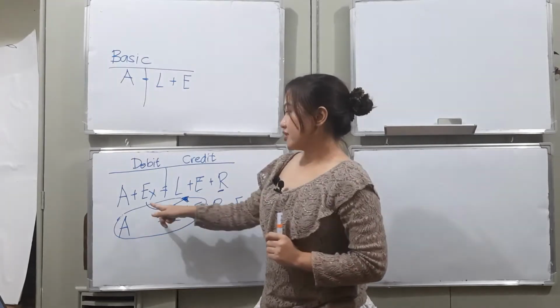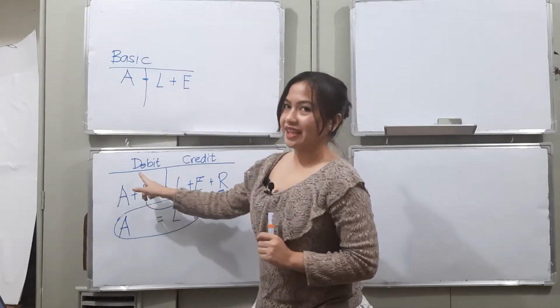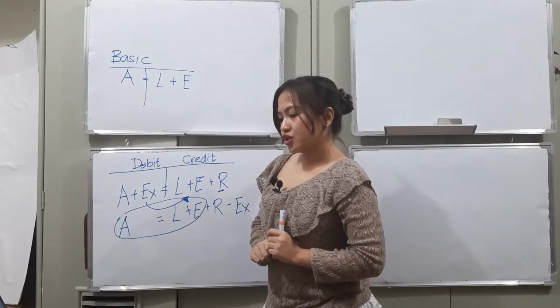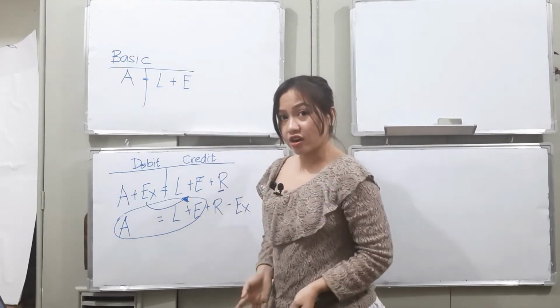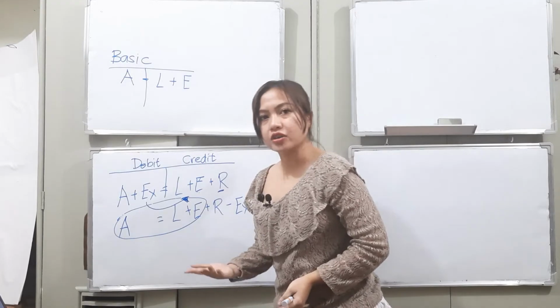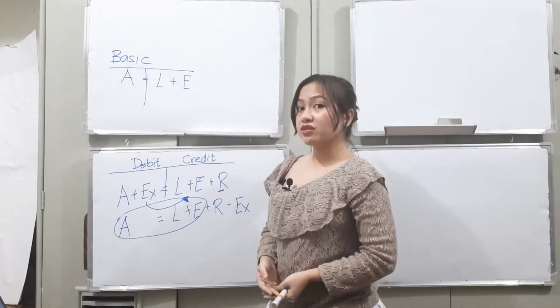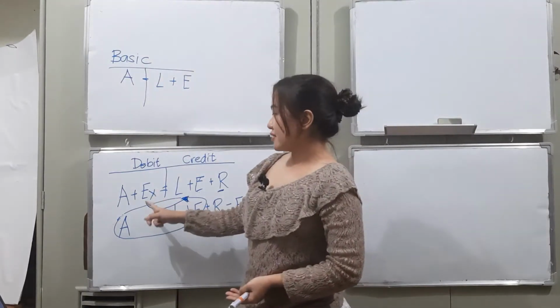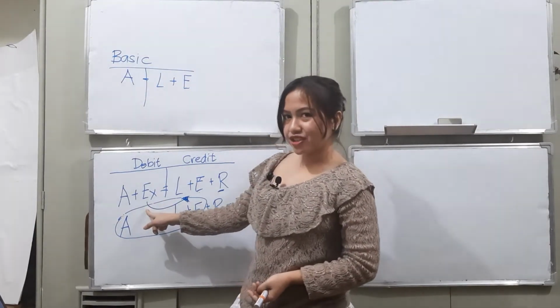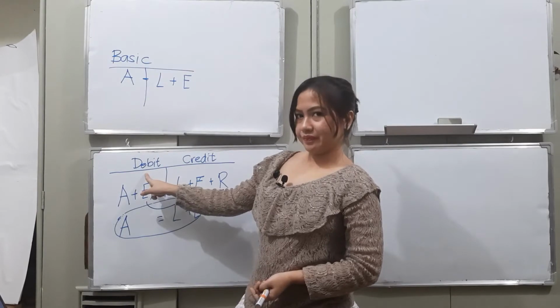So, it's an expense, debit. Supplies used. The amount of supplies that you have used for the year, for the accounting period. You have used it already. So, the benefits received. So, that is an expense. So, since that is an expense, normal balance is debit.